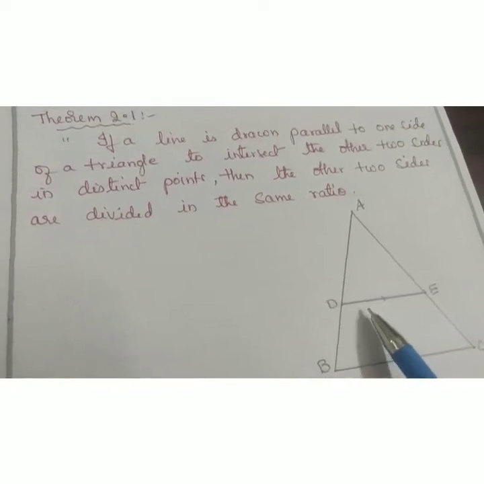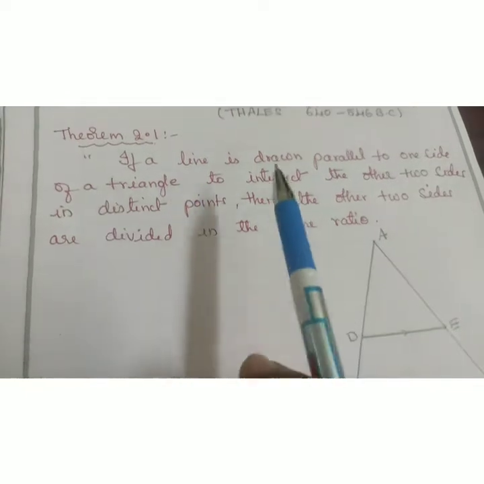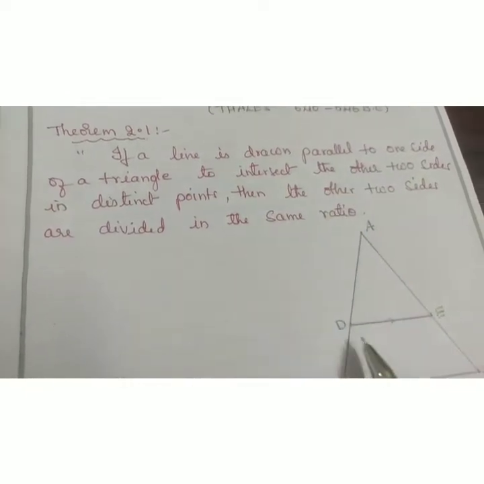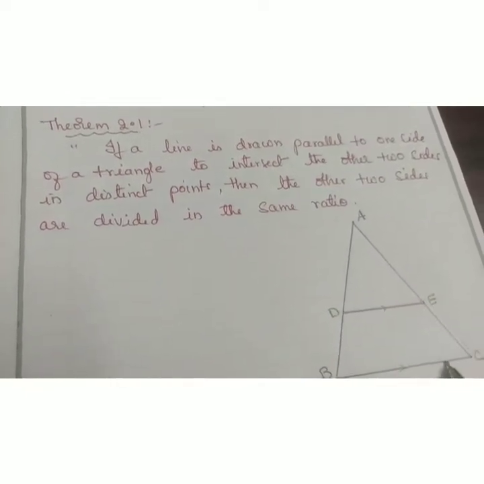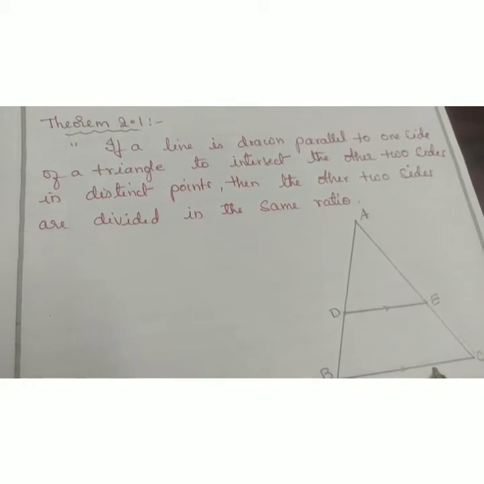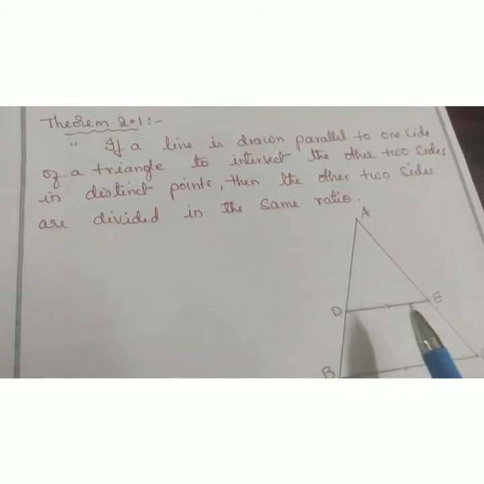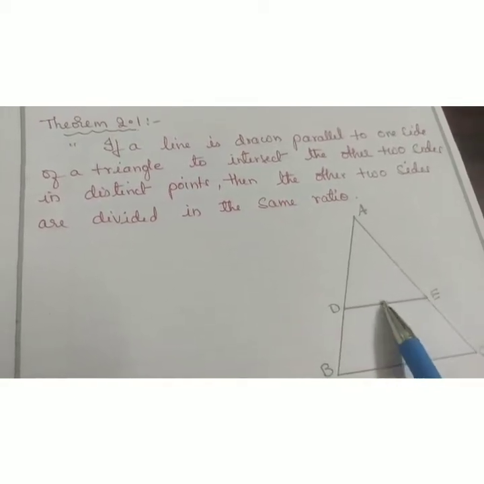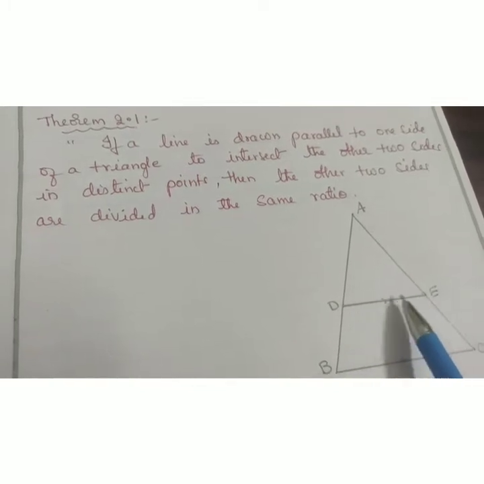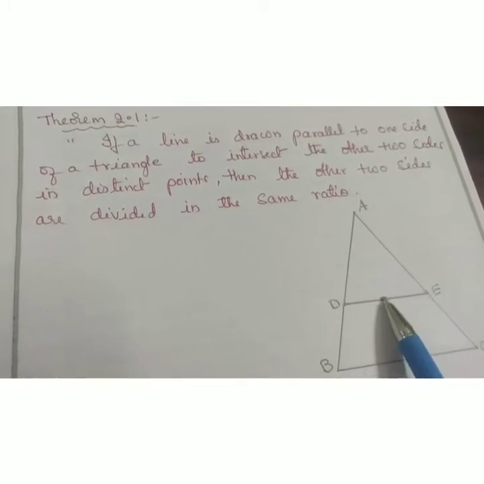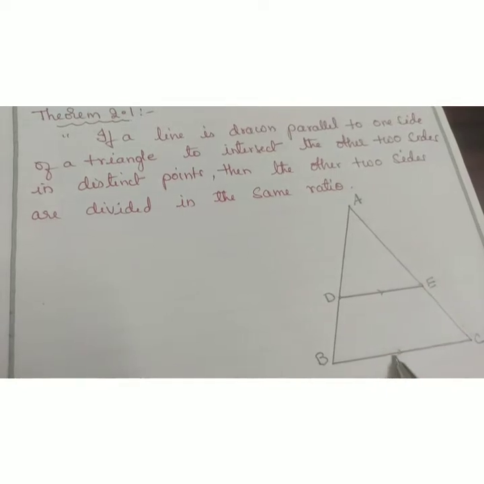So what does the statement say once again? If a line is drawn parallel to one side of a triangle to intersect the other two sides, the line should be parallel to the third side.